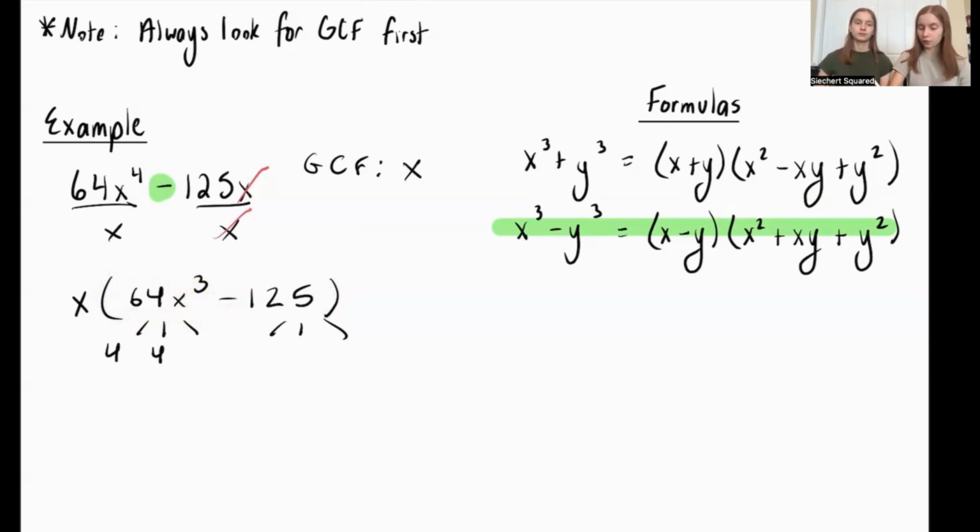So we have a 4, 4, and a 4. And then focus on the x cubed. That gives us an x, an x, and an x. So if you have that coefficient and the number, just go ahead and take it separately, do the number, and then do the variable. For the 125, that is a perfect cube, and it is 5 times 5 times 5.